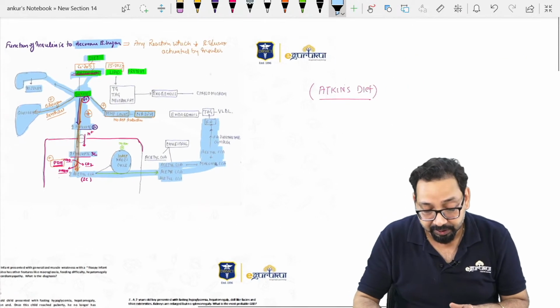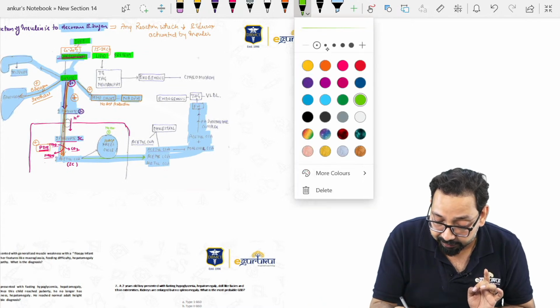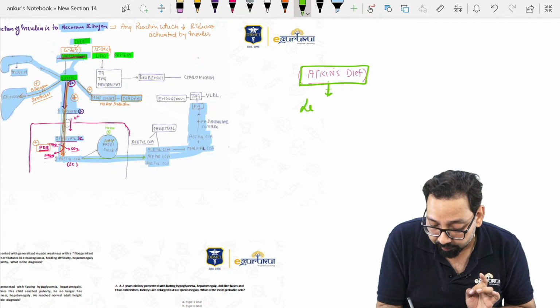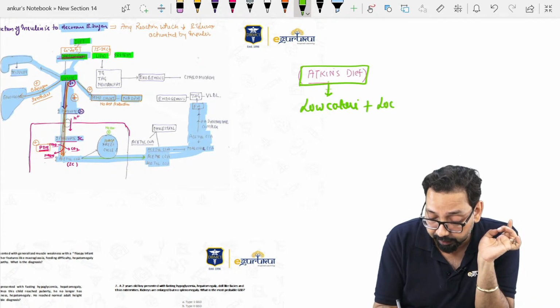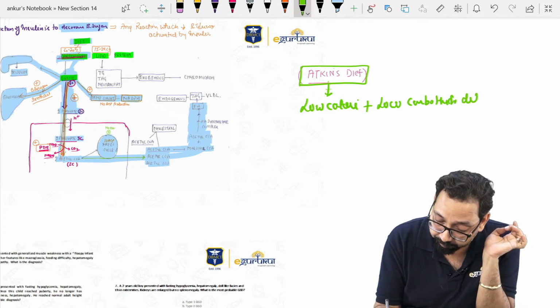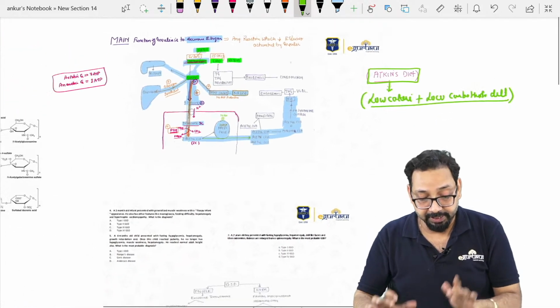So we say if you want to decrease weight, decrease carbohydrate in your diet. So Atkins diet is low calorie. Total calorie must be low, plus low carbohydrate diet. Low calorie plus low carb diet, that is Atkins diet.